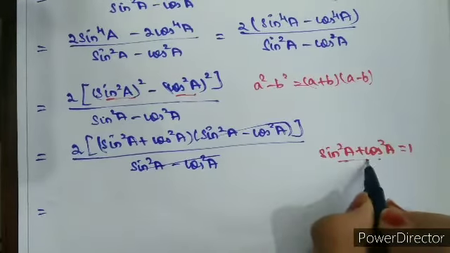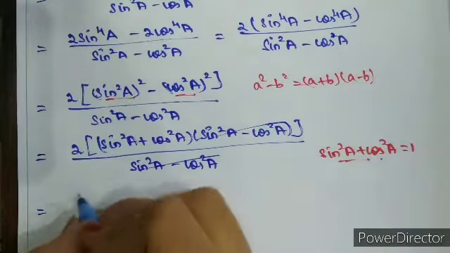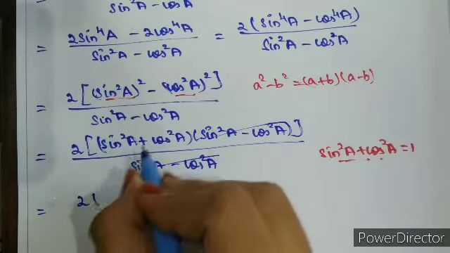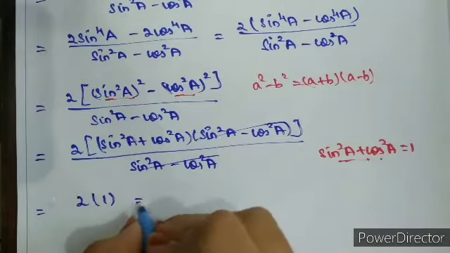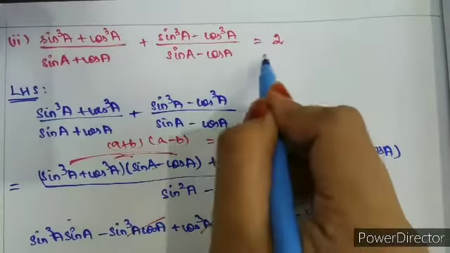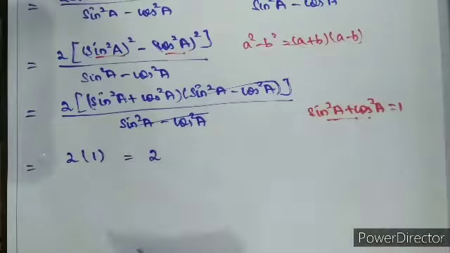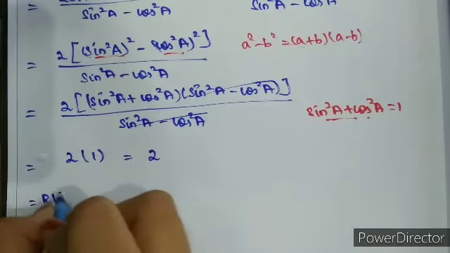We know this identity. We are going to apply this identity. 2 into 1, which is equal to 2. So see here, this is what we have to prove, equal to 2. Therefore, this is equal to RHS.